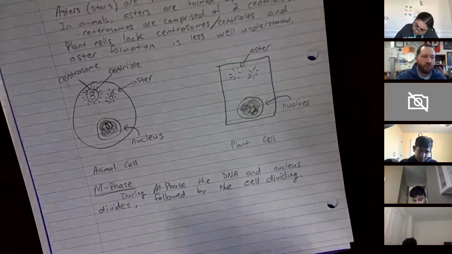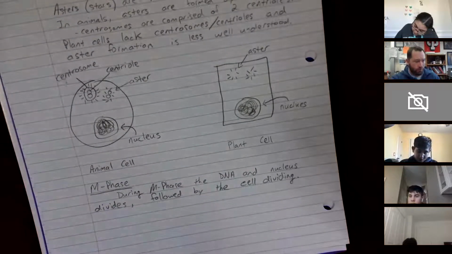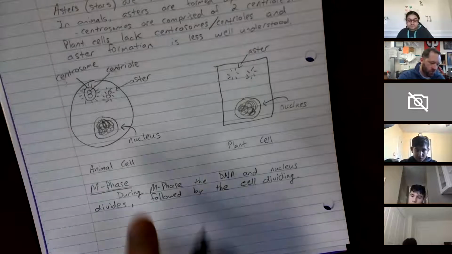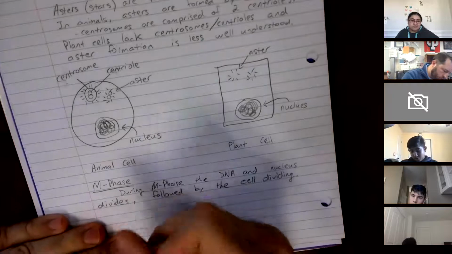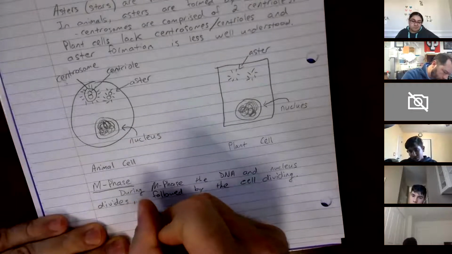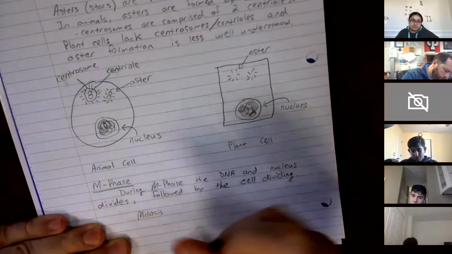So that's why we split that second part into 2. There are 2 very distinct parts to M phase. The first of those 2 parts is called mitosis.